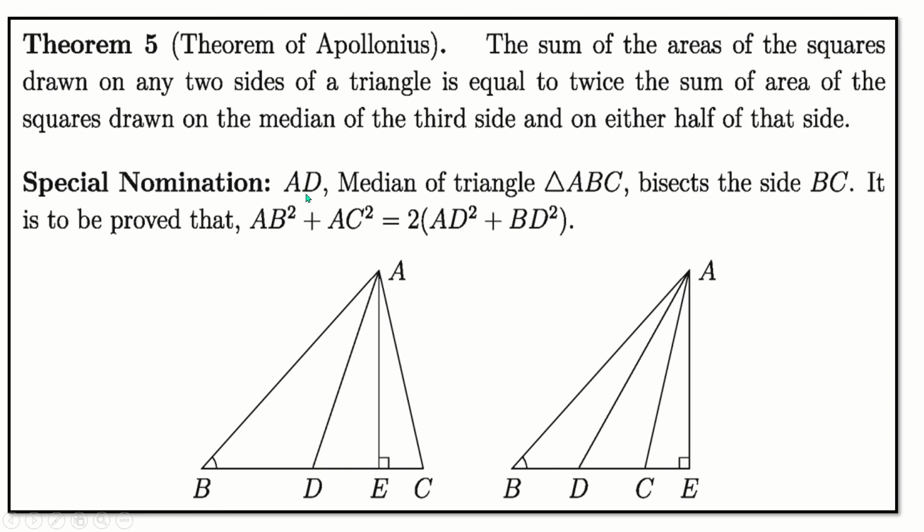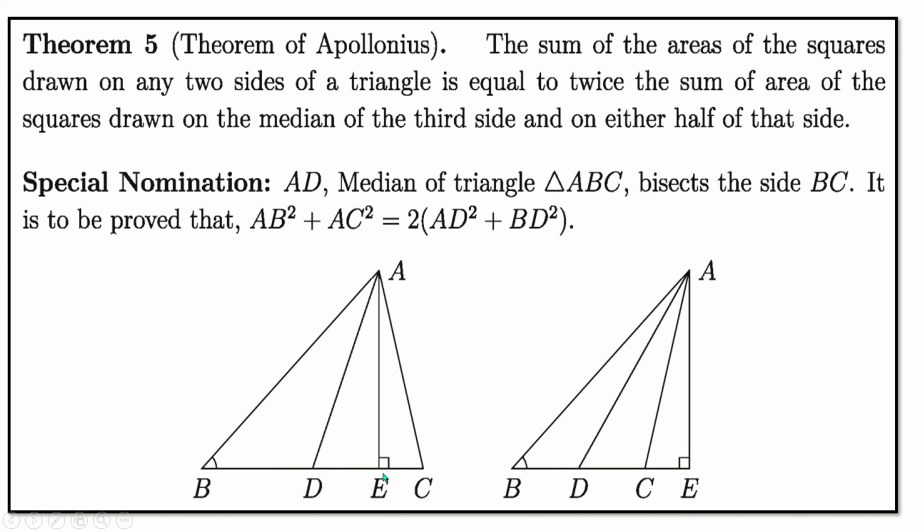Special notation here: AD. AD is a median. And do you know what is a median? Median is the line joining a middle point of a side and its opposite vertex. That means D is the middle point of BC, and the line joining D and A, that is AD. AD is a median of triangle ABC, and AE is perpendicular on BC.